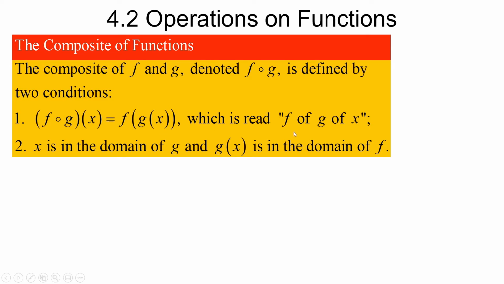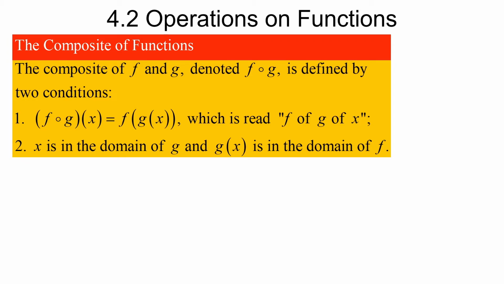Number two, x has to be in the domain of g, because my input is x, and x has to be in the domain of g to get an output g of x, and then that g of x has to be in the domain of f.